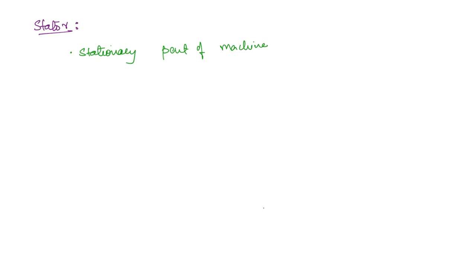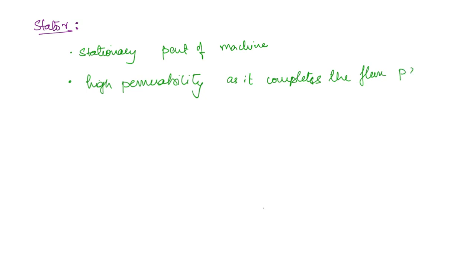And what about the material? It should be a material of high permeability, because it has to complete the flux path. We have already seen, if these are the field poles, then the coils will be present like this.